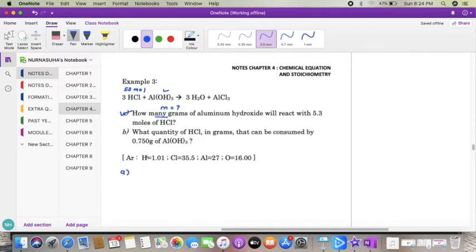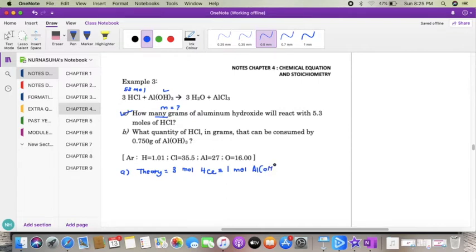So, as usual, since the equation is already balanced for you, take out the equation, so tulis theory. According to theory, 3 mole HCl react with 1 mole aluminium hydroxide.